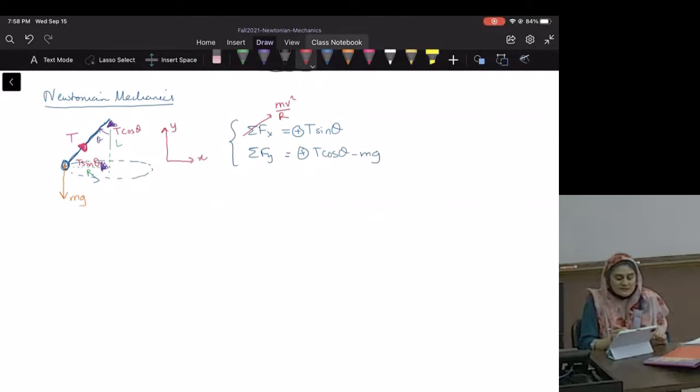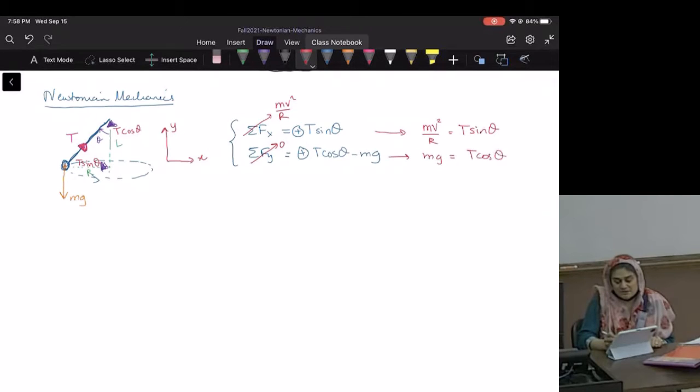What is the sigma Fy for the y direction? Is there any acceleration in the y direction? So it'll be just 0. So could I rewrite this equation as mv squared over r equals T sine theta? And can I write this equation as mg equals T cosine theta?